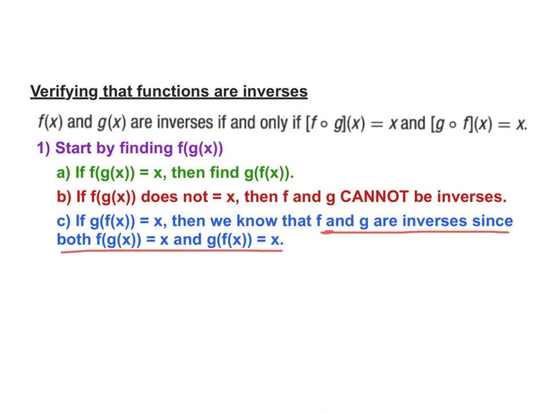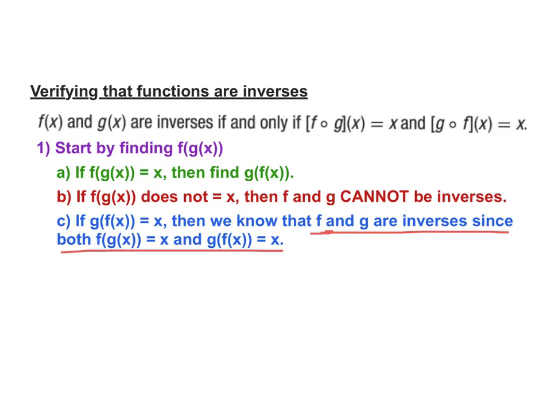Okay, but what I'm underlining here is your explanation. When you end up with a situation where f of g of x equals x and g of f of x equals x, that means f and g are inverses, and what I've underlined in red is your explanation.